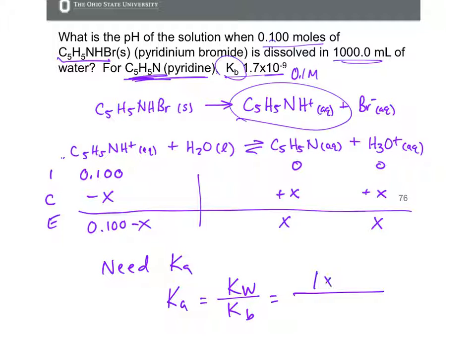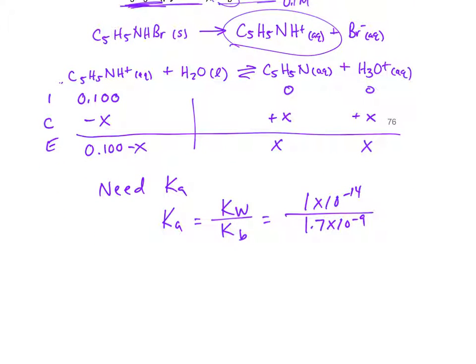That's 1 times 10 to the minus 14 divided by 1.7 times 10 to the minus 9. And I end up with a Ka of 5.9 times 10 to the minus 6.